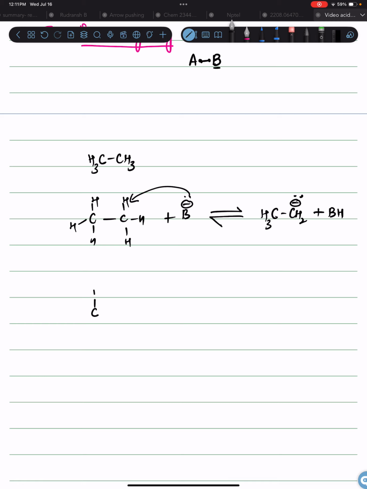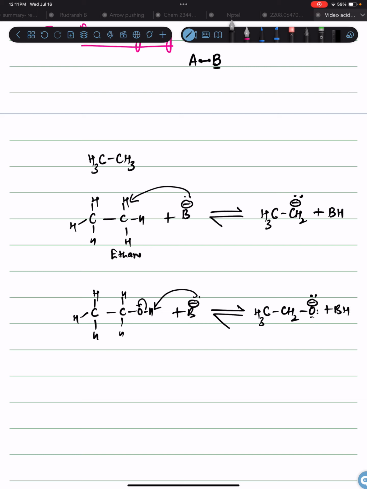Now I compare this ethane plus base reaction with ethanol. Suppose the base takes up this H, and what you get is CH3 CH2 O negative, plus BH. A question may come to your mind: why am I selectively abstracting this proton?